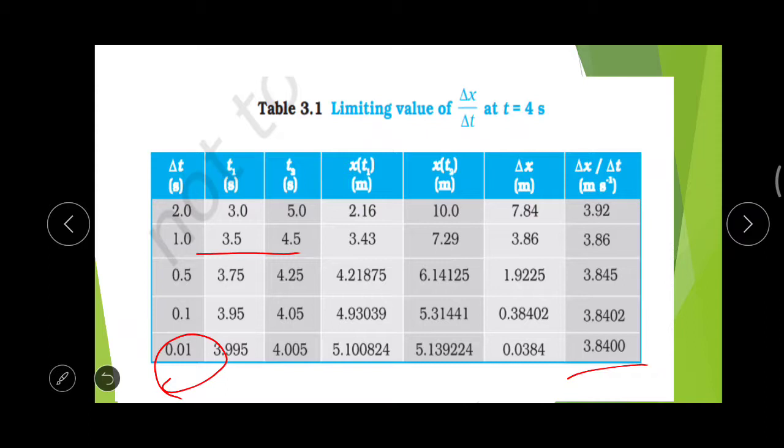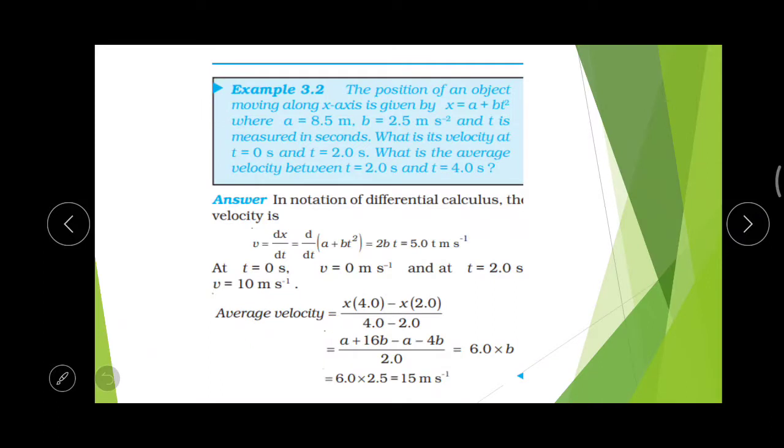Okay, so whenever the time duration is very small, or if you are finding the velocity for a particular time, that is known as the instantaneous velocity. And likewise we have to consider the instantaneous speed also.